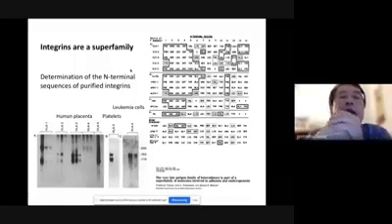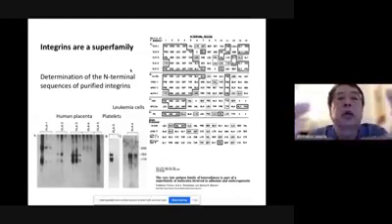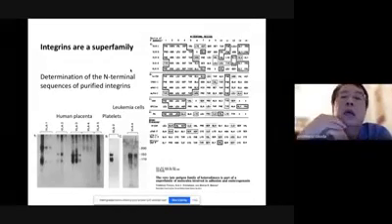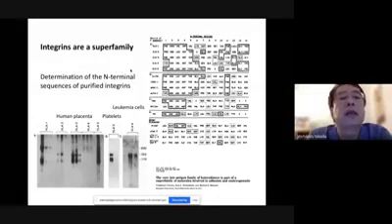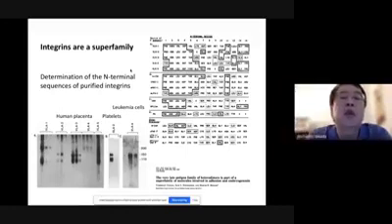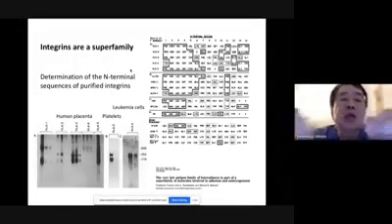So I know we need a lot of protein source to begin with to purify a very small amount of protein. I was working at Dana-Farber Cancer Institute in Boston, and next door was Brigham and Women's Hospital. So I got a very fresh human placenta from Brigham and Women's Hospital. Then I started working on that.